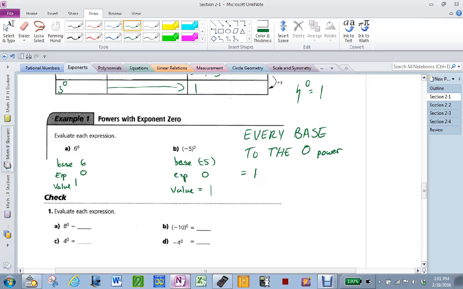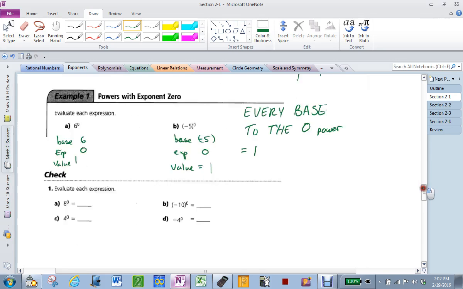Every base to the 0 power is 1. Did everybody hear me? Yes. This lesson is all about the base.